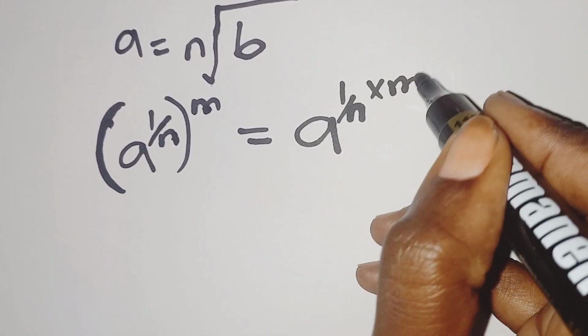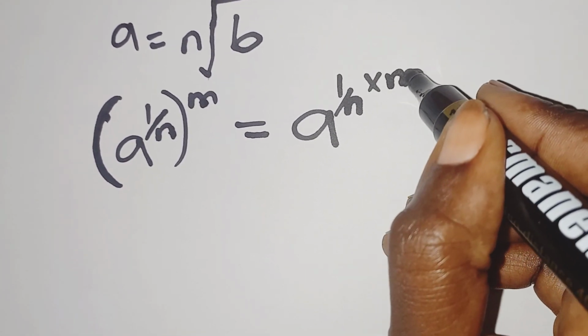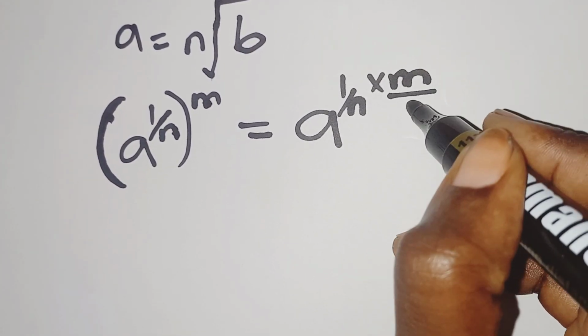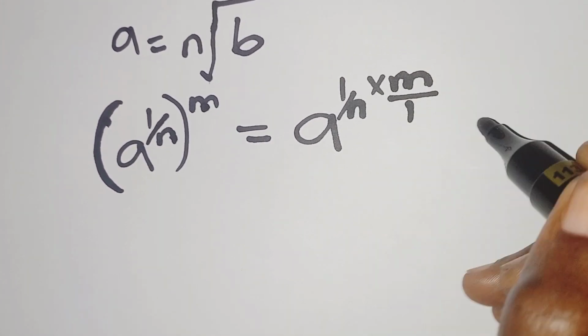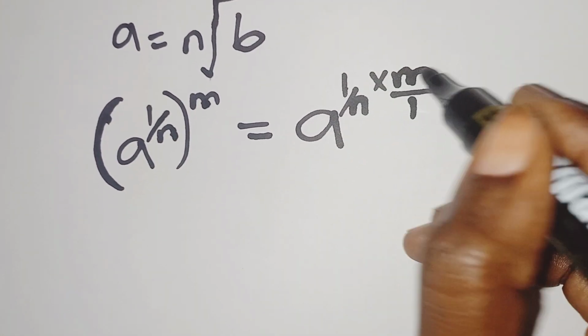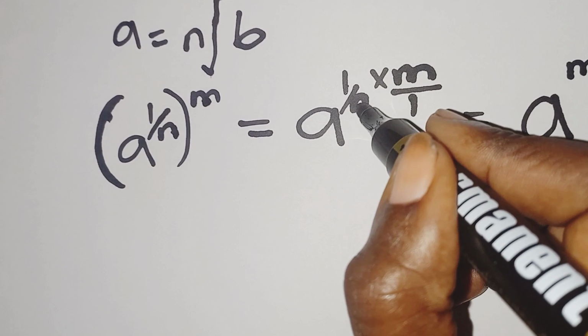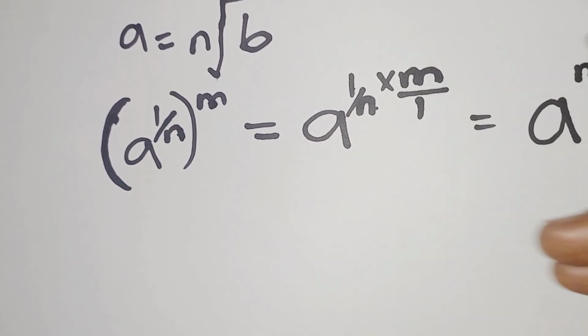If we are multiplying like this, all numbers are assumed to be having a denominator of 1. So you take 1 times m, you get m.